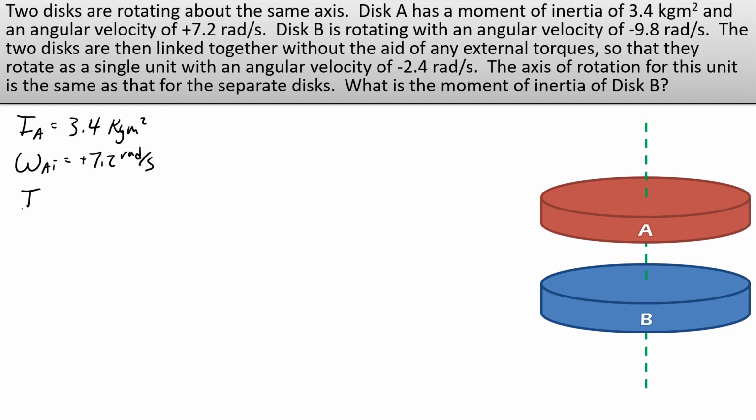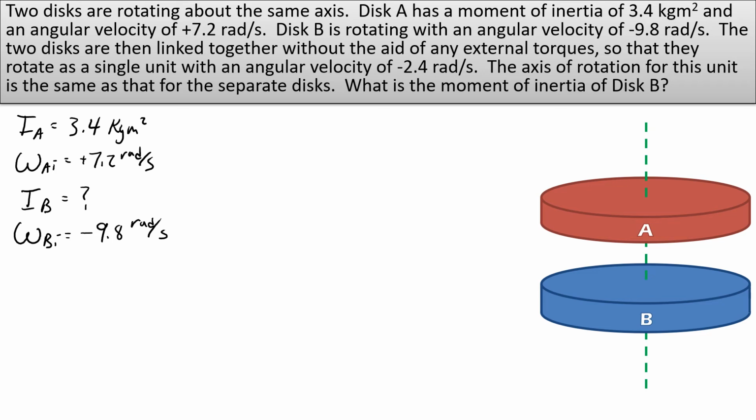We're looking for the moment of inertia of disk B. This would have been like looking for the mass of one of the objects before. We know the initial angular velocity of disk B is negative 9.8 radians per second.